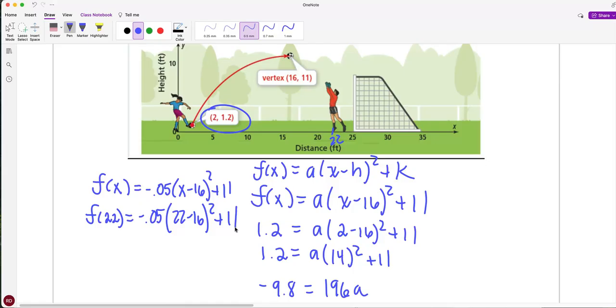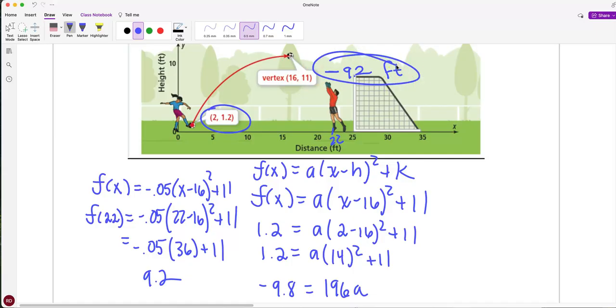So 22 minus 16, that's 6 squared, so that's 36. So negative 0.05 times 36 plus 11, that's 9.2. So that tells me right at this spot, the ball is 9.2 feet.